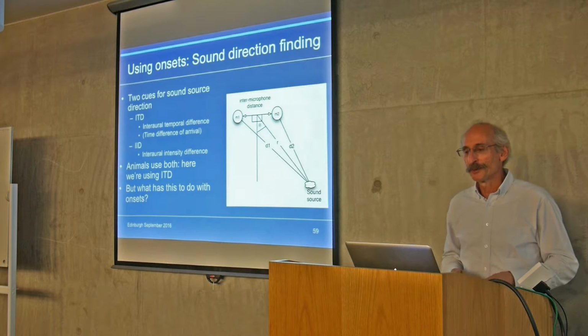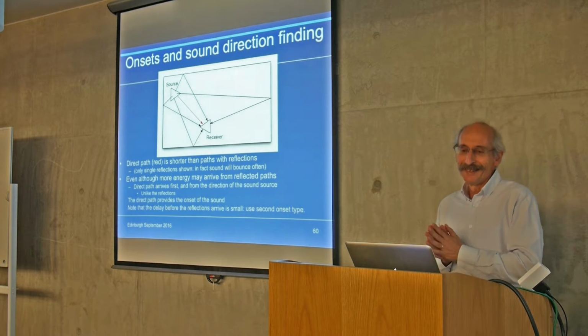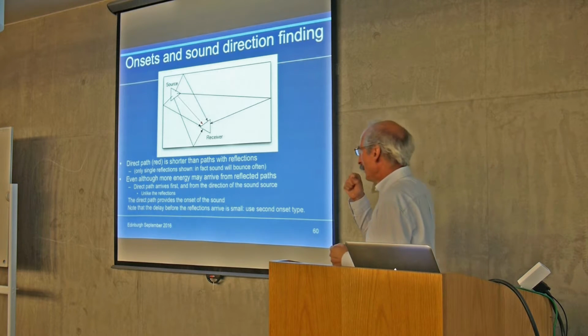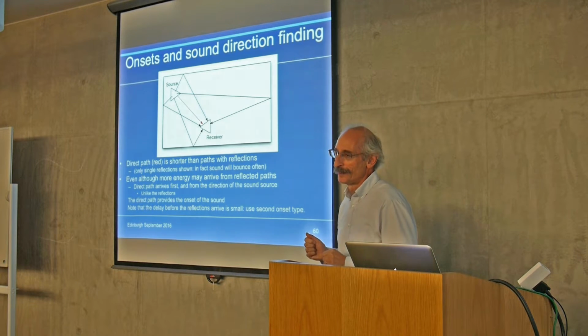But what's this got to do with onsets, you might ask? I hear you ask, but I'm not hearing you saying anything. So the answer to that is that, as I said earlier, the onset comes from the direct path.